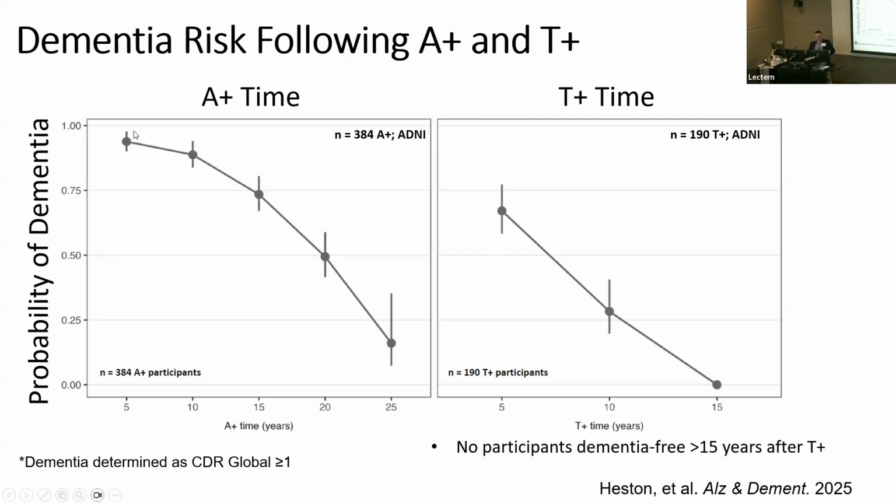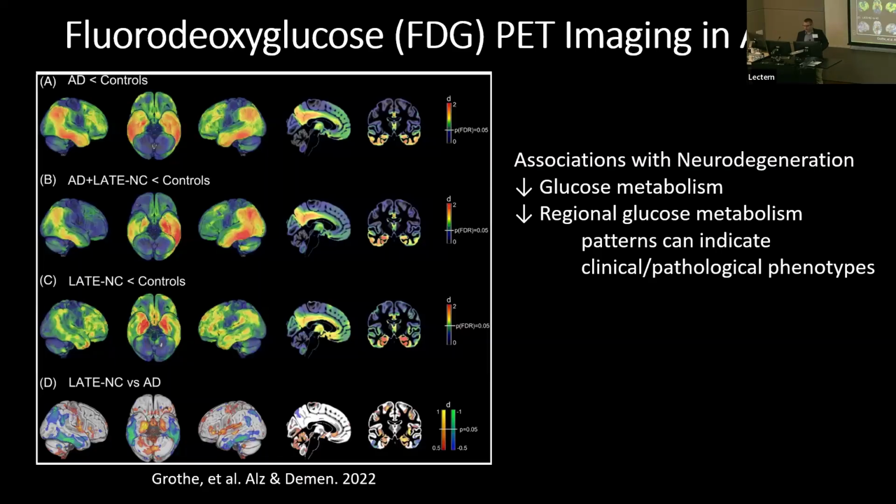But the idea is that as we have amyloid and tau for longer and longer periods of time, we see the rate of dementia start to increase. In terms of the timing of disease, we really don't expect people to make it much beyond, say, 25 years of amyloid positivity or about 15 years of tau positivity before they reach the dementia stage.